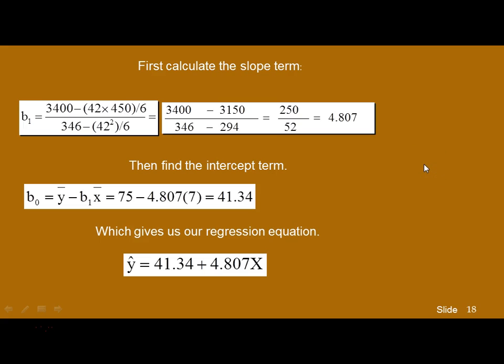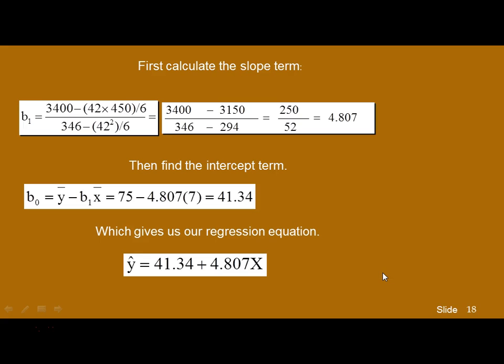And again, later on, in future parts of this module, we'll show you how to get the same result on your calculator or on a computer program. Once you have the slope, you can get the intercept, which turns out to be 41.34. That gives you the following estimated regression equation. Y hat is 41.34 plus 4.807x.